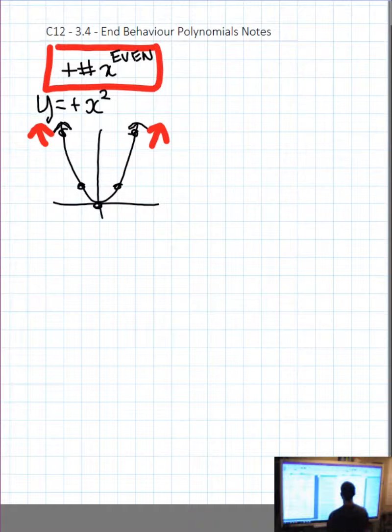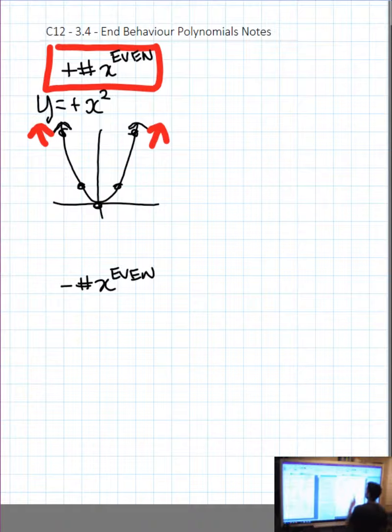Let's go down the page in the notes and let's take a look at a negative number, x to the even. So I know that that parabola has simply, I'm going to write out the equation first.